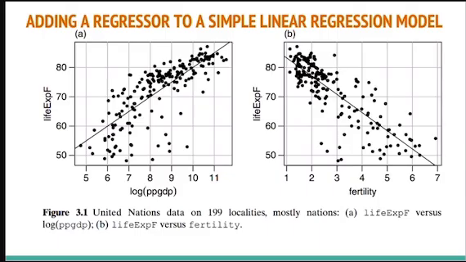So based on these scatter plots, I have an idea that I need to consider two explanatory variables.